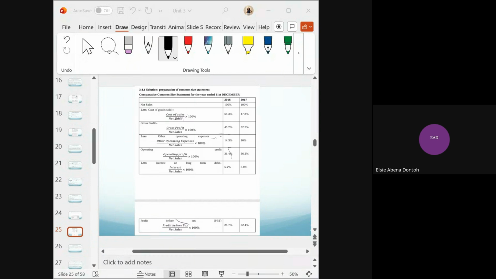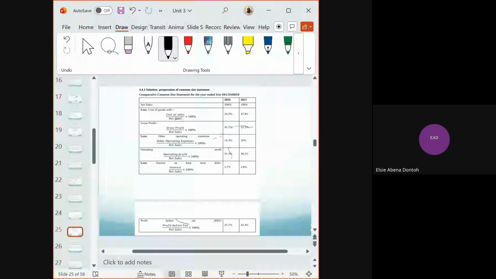Which figure are you talking about? Is it gross profit or what? Are you talking of gross profit or the cost of sales? On the cost of sales. Okay. It was 54.3%, and then 48%.